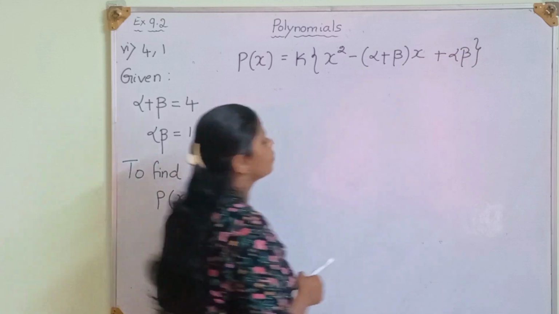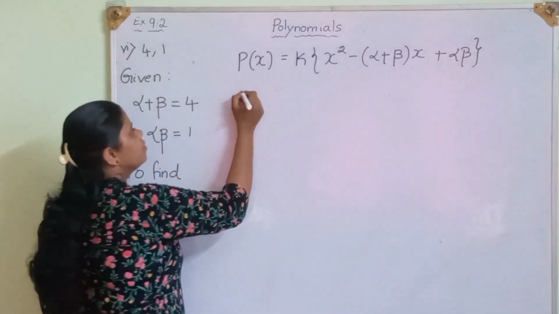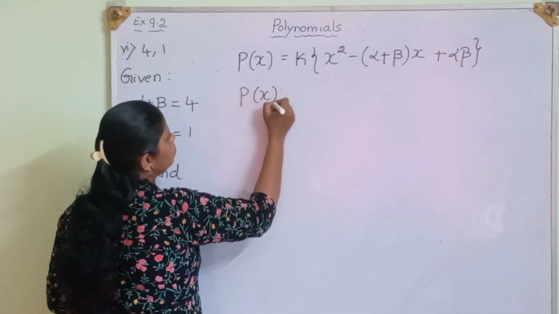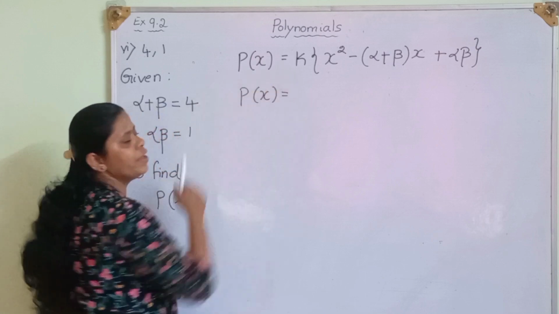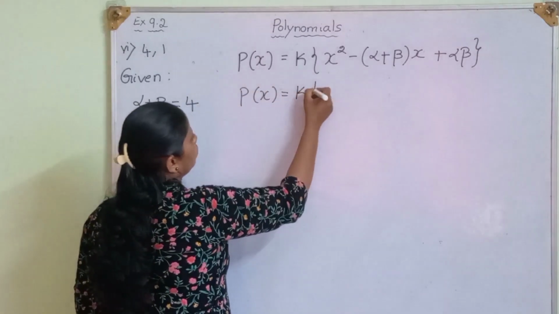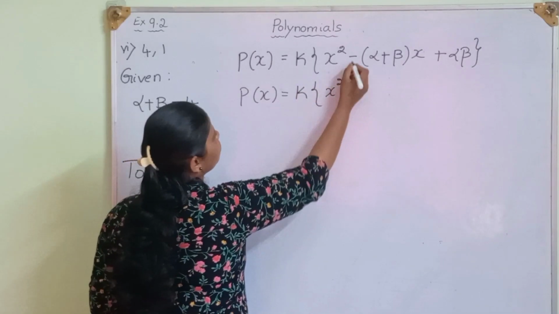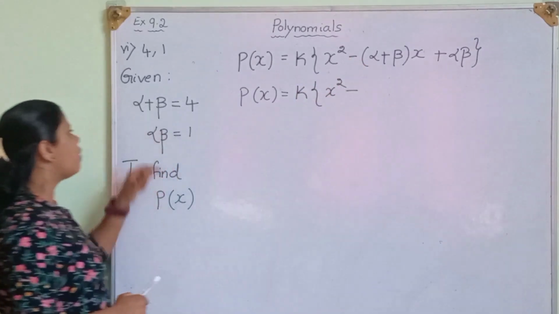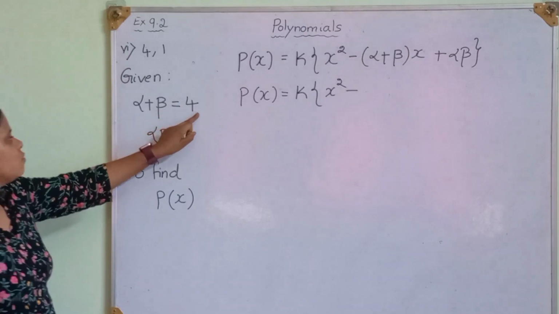Now look at this. P of x is equal to k, where k is the non-zero real number, into x square minus the value of alpha plus beta, which is 4.